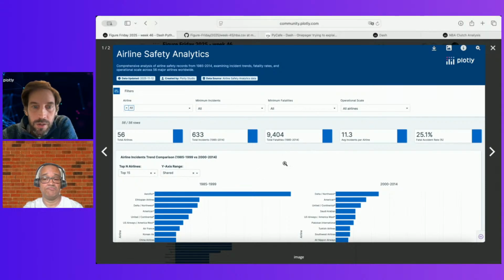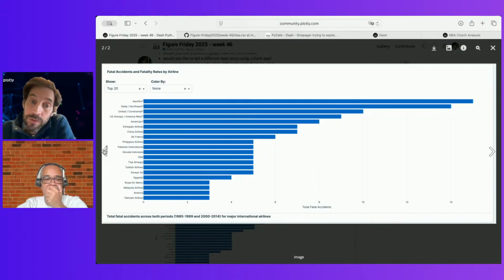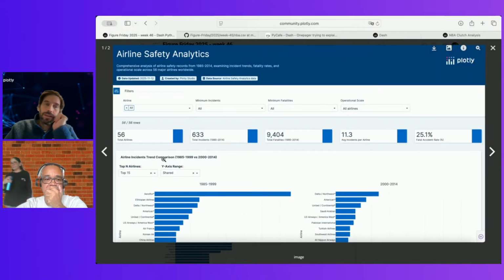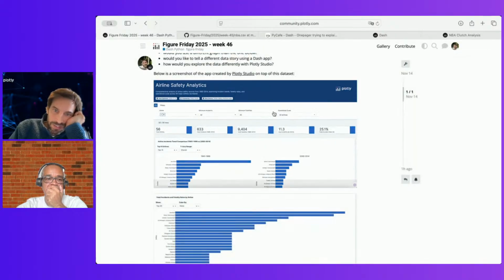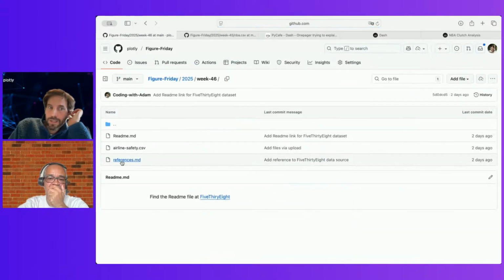Here you can see total fatal accidents by airline, but this also depends on the total amount of flights that airlines have. The data set belongs to 538.